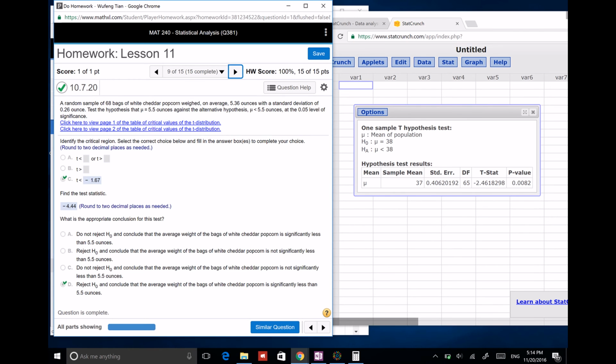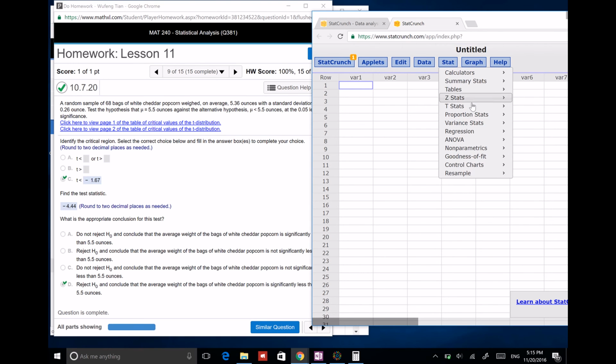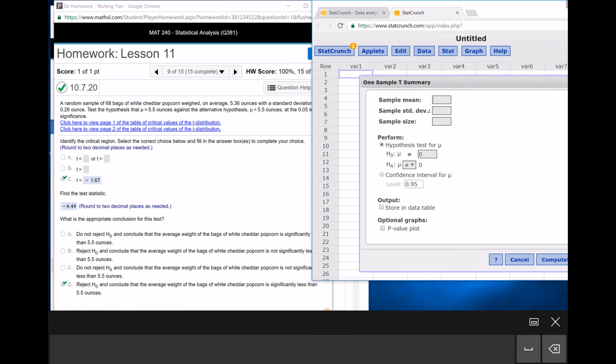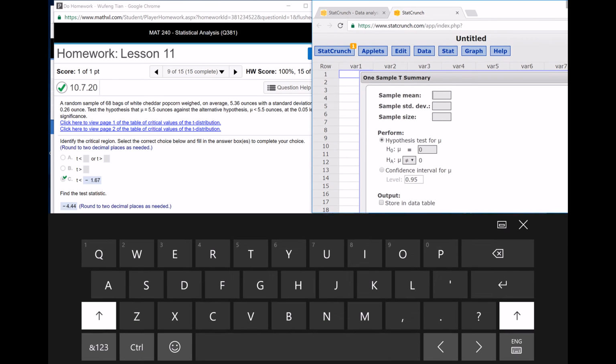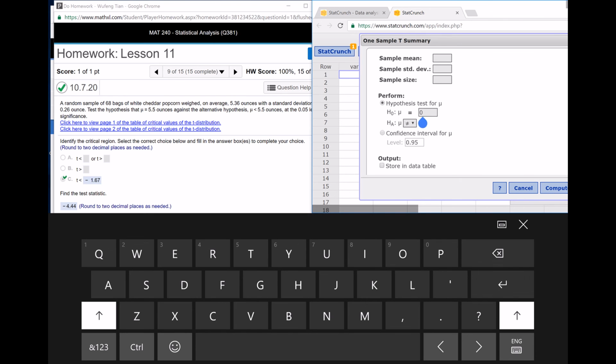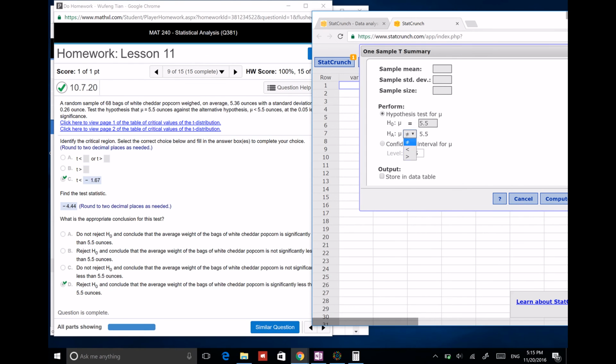Number 9. For number 9, you can use the t-distribution, one sample, with summary. You type in the mean value. The test hypothesis mean is 5.5, so put 5.5, with the null hypothesis less than, you have to type in that as well.